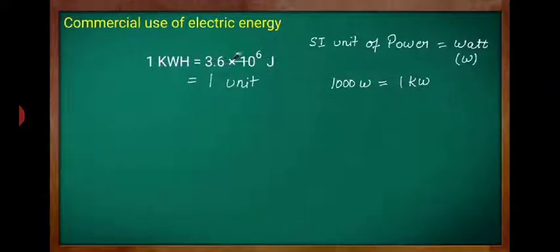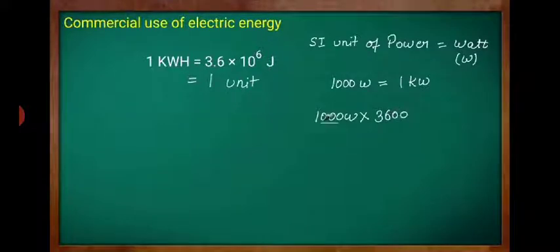Now let's see how 1 unit is equal to 3.6 into 10 raised to 6 joule. Let's see how this value came. For 1 kilowatt hour, instead of writing 1 kilowatt, we can write 1000 watt, into, if we convert the hour into seconds, 3600 seconds.